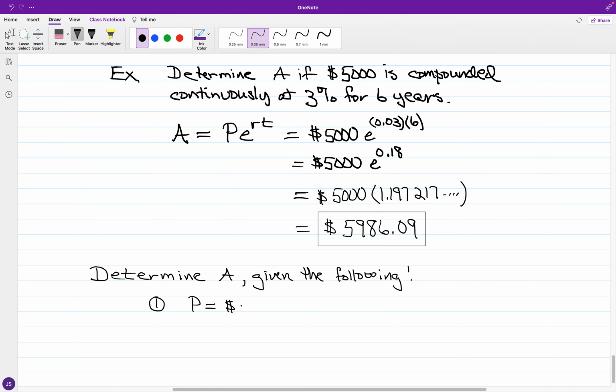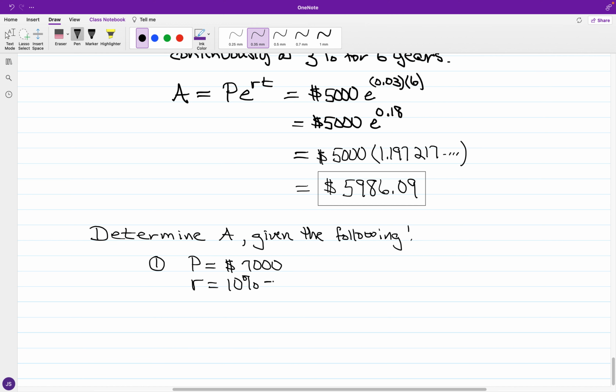The principal is equal to $7,000, and the quoted percentage rate will be 10%. And we'll say that n is equal to 12, whereupon we have monthly compounding. And for the time span, we'll let this be 5 years.